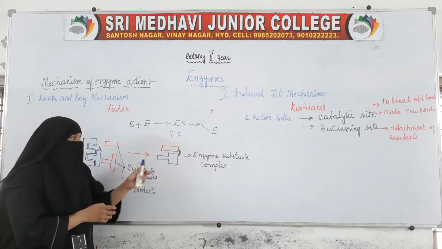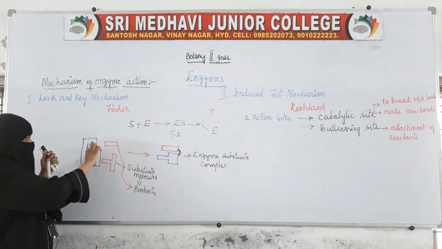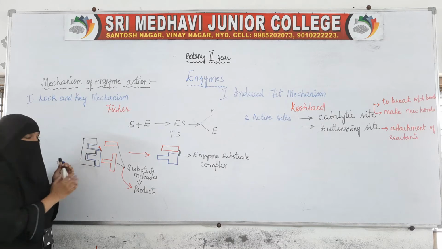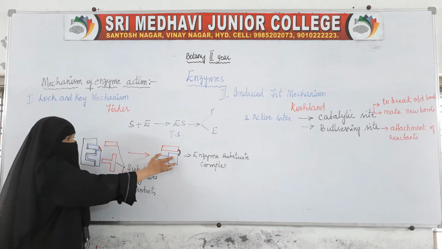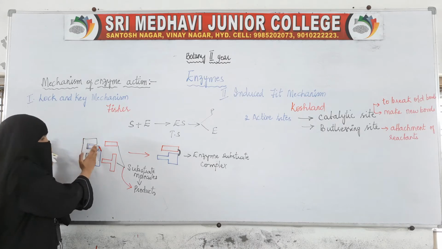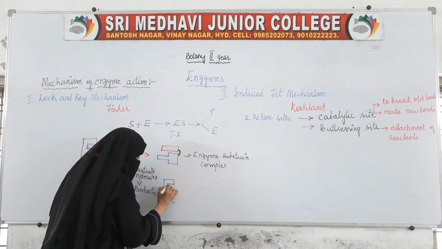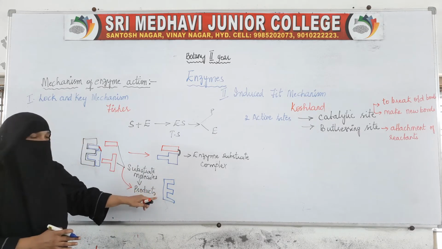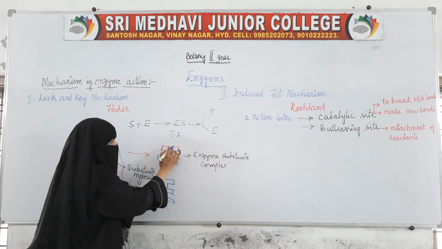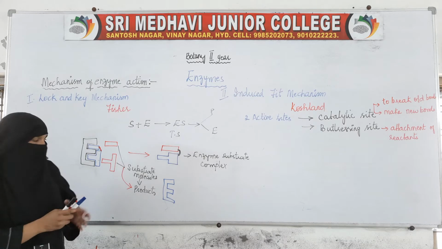Now it was here in the enzyme itself. As soon as this complex is formed, the enzyme will move away. The enzyme will be removed and what we get is the enzyme substrate complex.